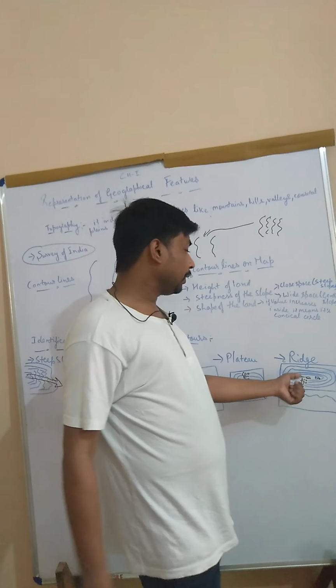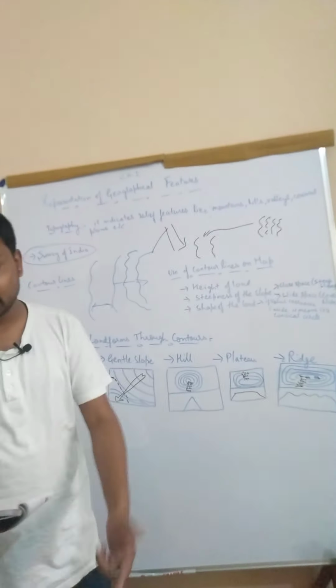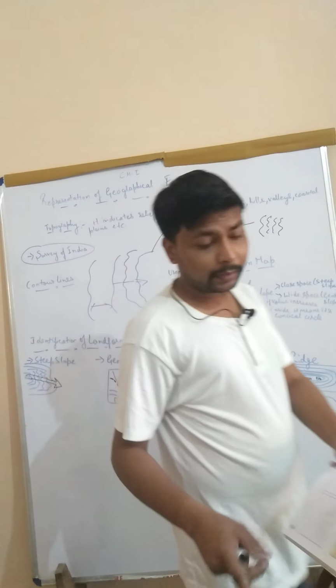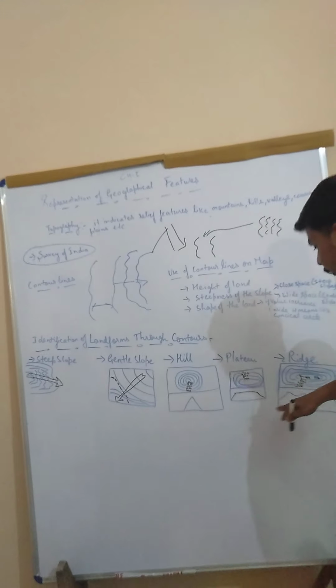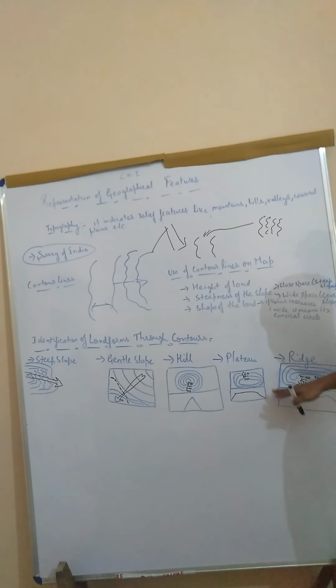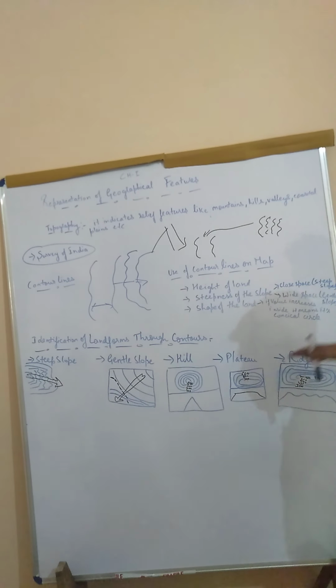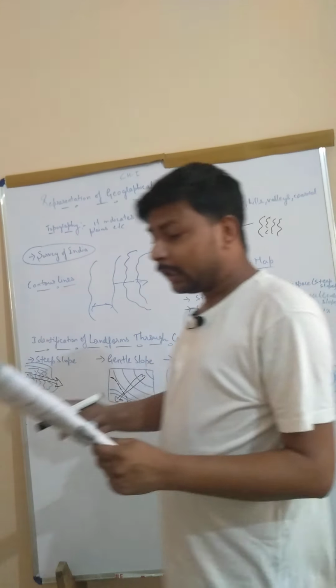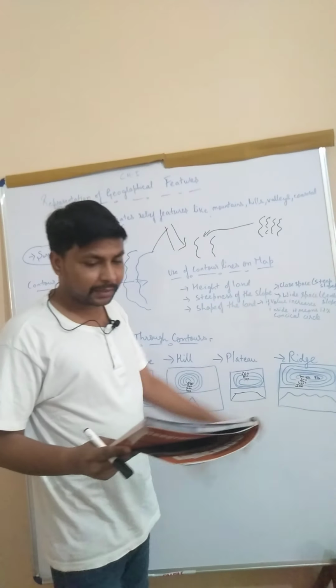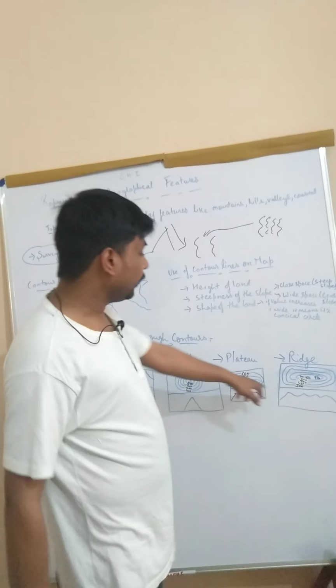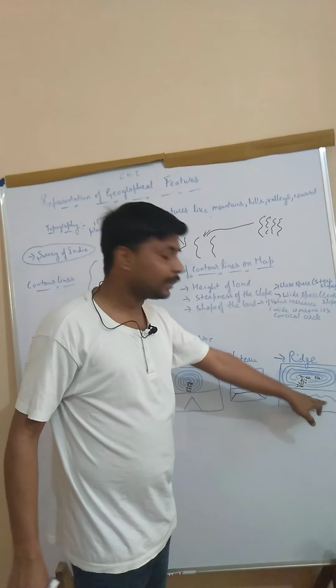And next, if you talk about the ridges, you know what a ridge is: a narrow elongated hill. It is a type of hill which has lots of steeps. You can see that in a plateau there are no steeps, but in ridges we have lots of steeps. And there are lots of low depressions there also. This point is known as the saddle point.